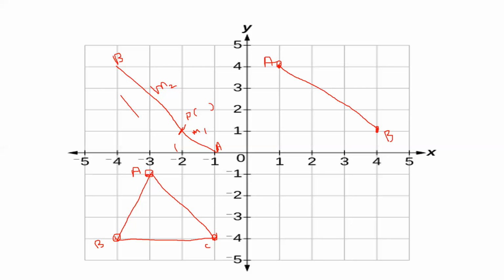And the last concept of the chapter is area of triangle. If we join 3 points in a Cartesian plane and it forms a triangle, then with the help of the area of triangle formula, we are going to find the area of that particular triangle.